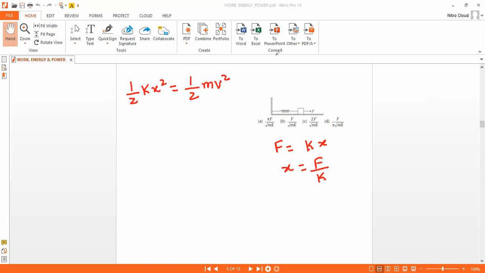So upon calculation, we'll get this one. So instead of x, I can write F by K.